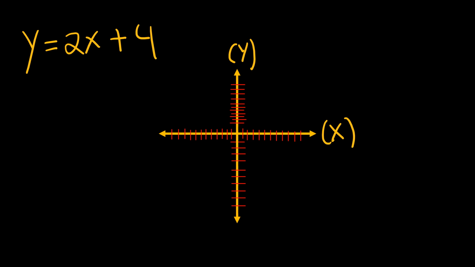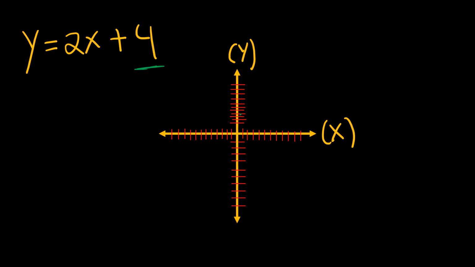So in our second example, we have y equals 2x plus 4. What is going to be the y-intercept? That's right, I thought I heard it back there. It's going to be 4. So now we go 1, 2, 3, 4. I'm going to put a green dot at 4. There we go.